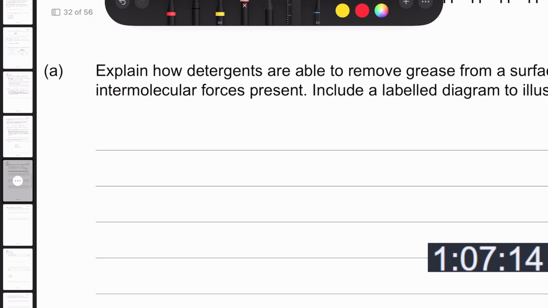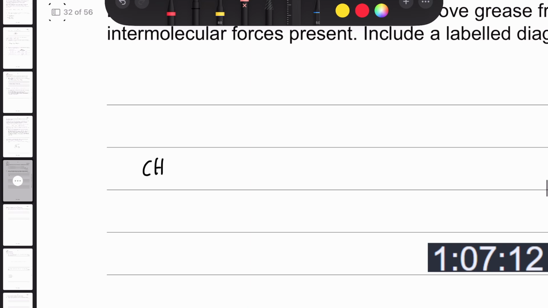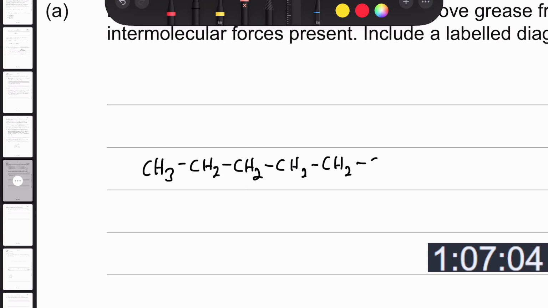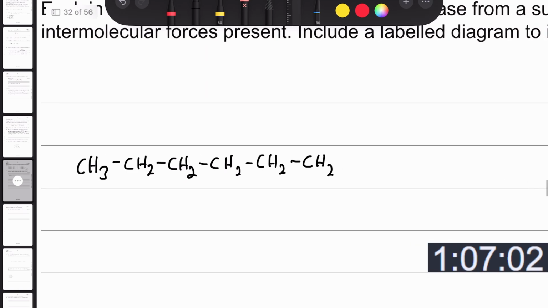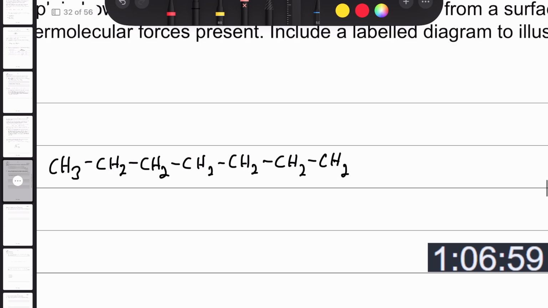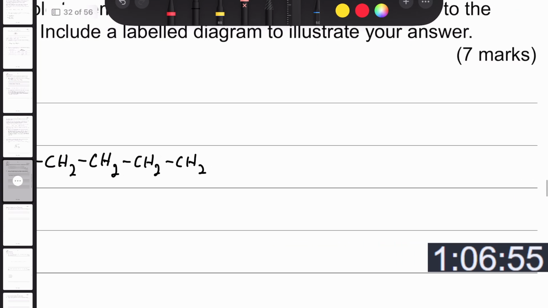Okay, so we can have CH3, CH2, CH2, CH2, CH2, CH2. I think it's going to be 8 at least. It's 8 carbons, so I'll do 9. There's my benzene.